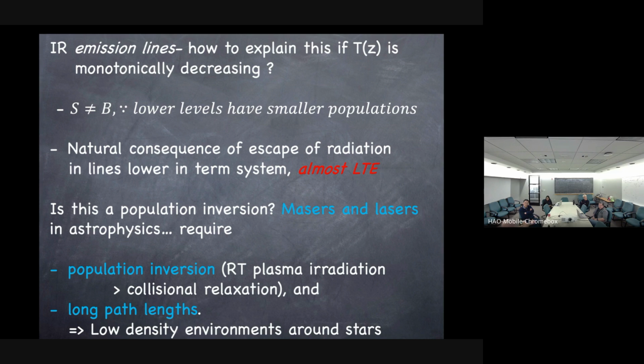So a tiny inversion, how do we get an inversion? Well, it has to be non-LTE. That means that if the star is hotter and irradiates a certain molecule, you've got a characteristic temperature of radiation exciting this plasma at a temperature, say, 3000 Kelvin, where the actual temperature of the gas locally is maybe 500 Kelvin.